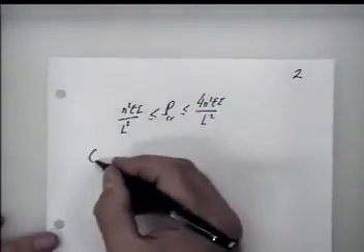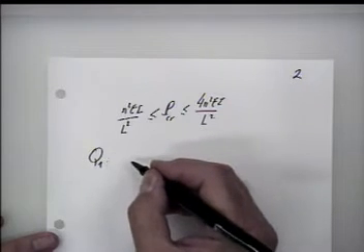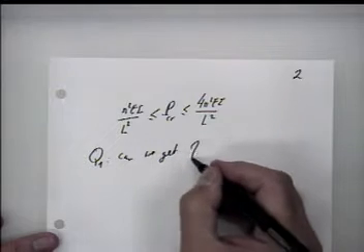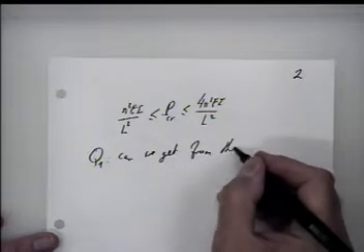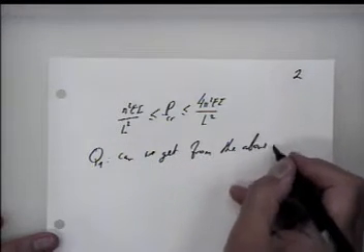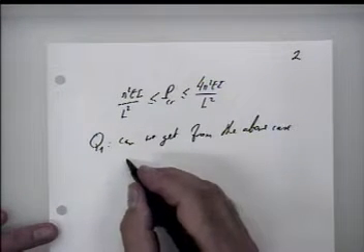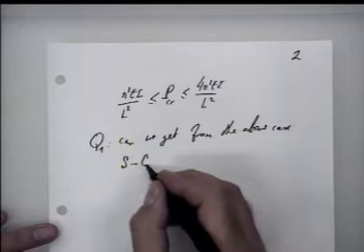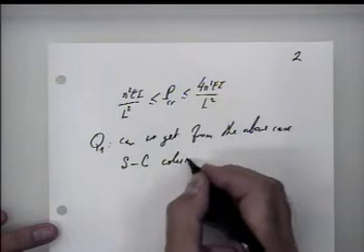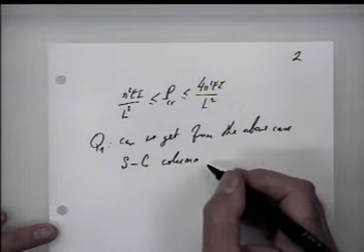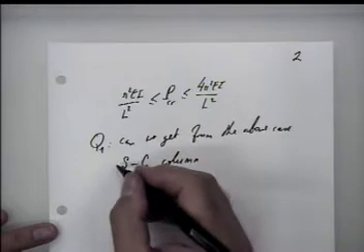I have several questions. Question 1. Can we get from the above case simply supported clamped column? Maybe I will start with another one.